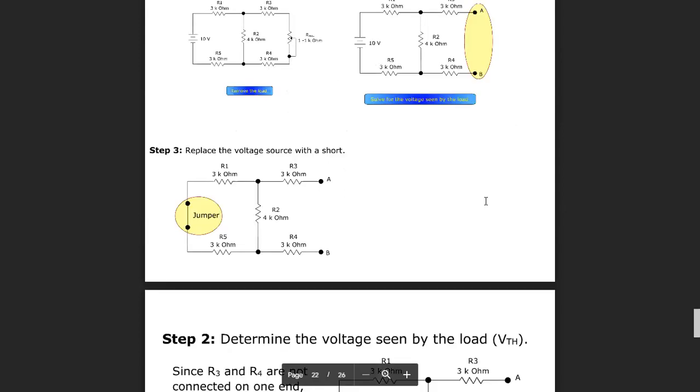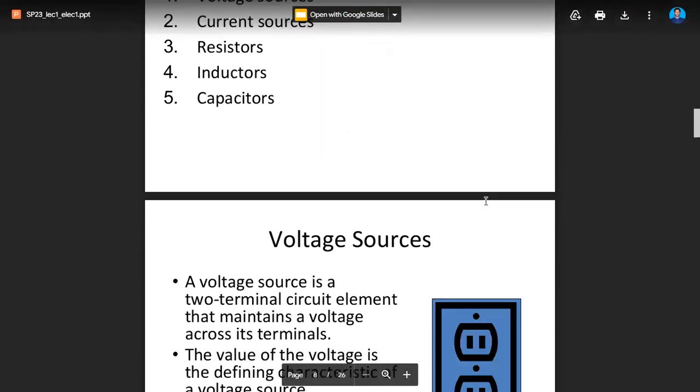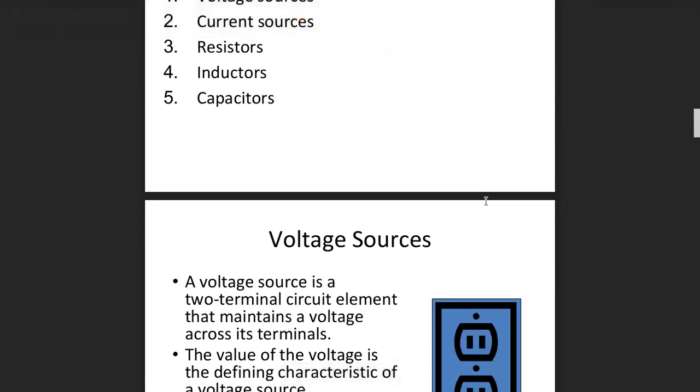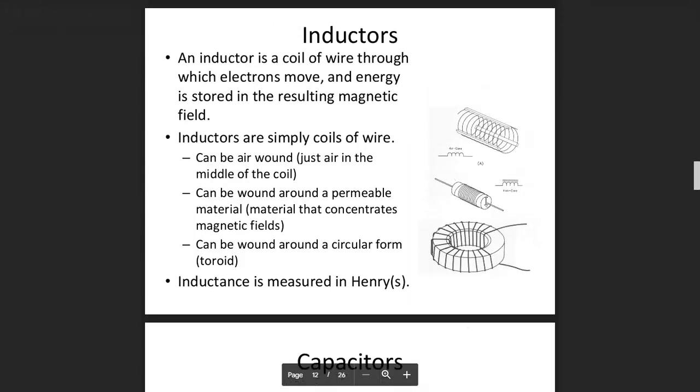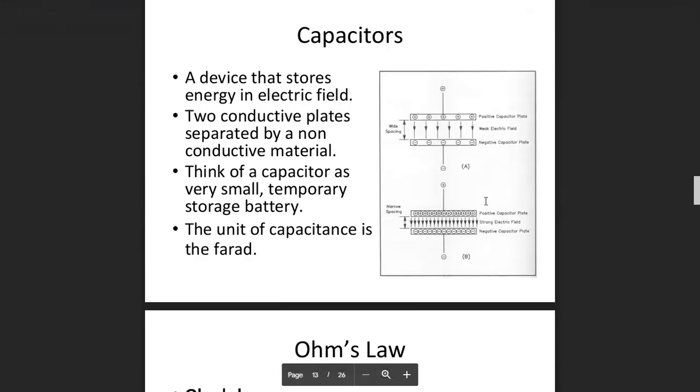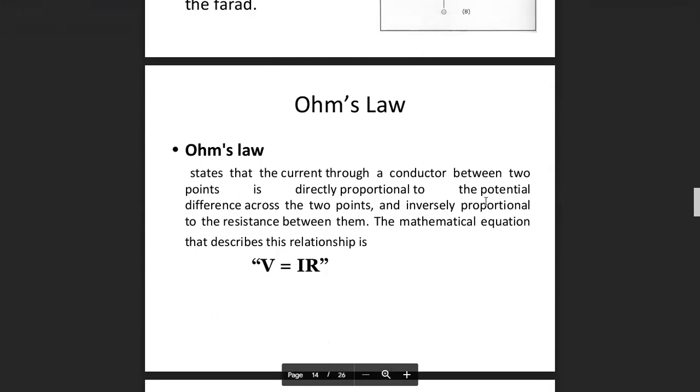And let's have a review. We have learned about different sources, voltage sources and current sources, then circuit elements such as resistors, capacitors, inductors, and then Ohm's law. Ohm's law is a formula with which we can solve any circuit, V equals IR.